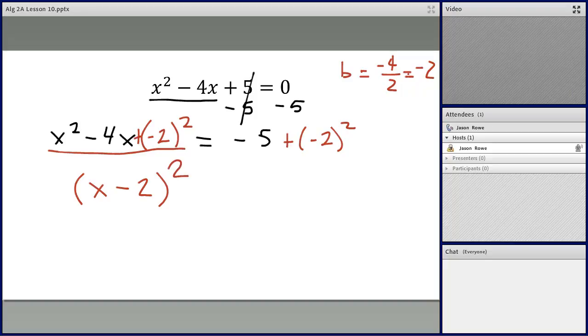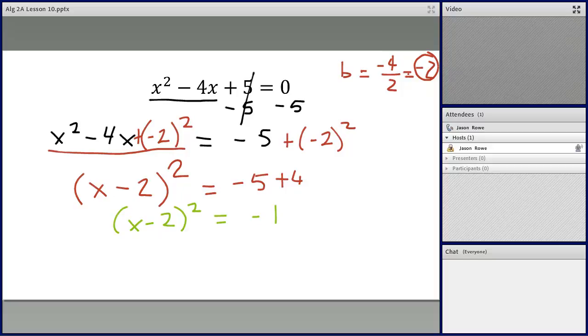Well, that's what this number is. That number will be the number that goes in the binomial. And on the other side, I've got negative 5 plus 4. So after I complete the square, I've got x minus 2 squared equals negative 1.